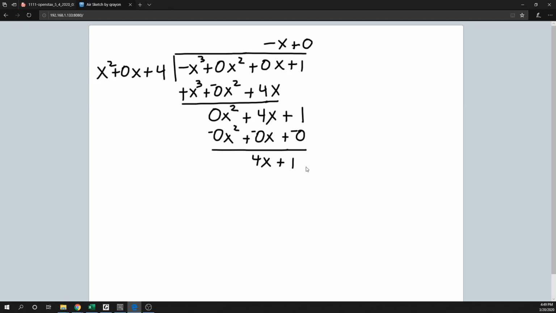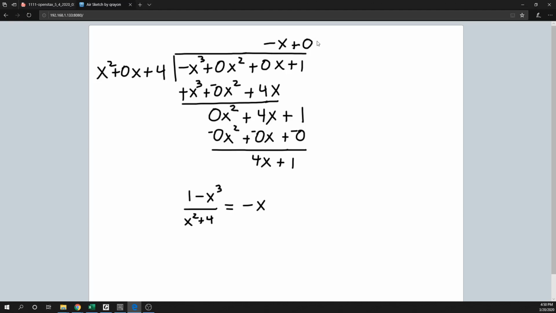Okay. And now we're ready to write our answer here. The original one was 1 minus x cubed. Now that we're writing our answer, we don't have to fill in with the zeros anymore. And the bottom was x squared plus 4. And that is equal to minus x.